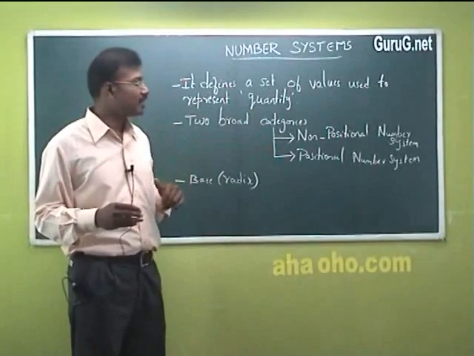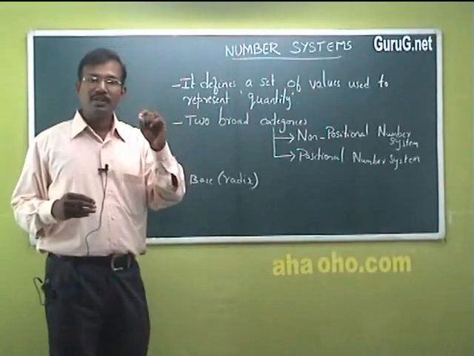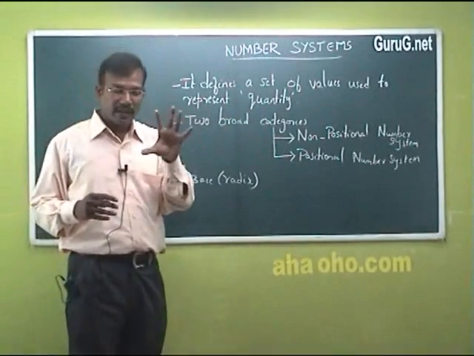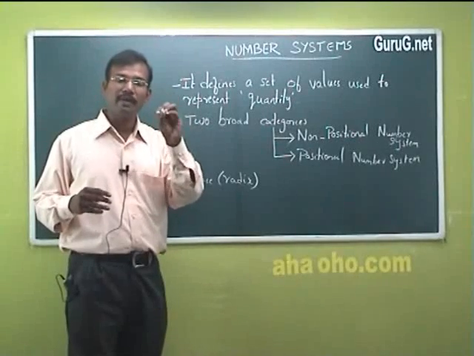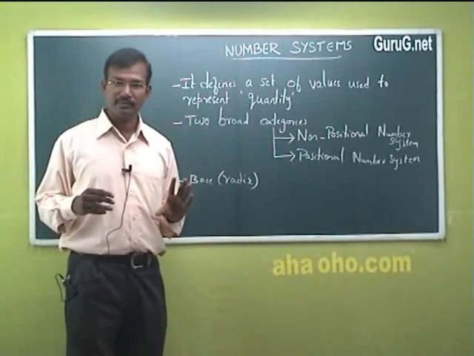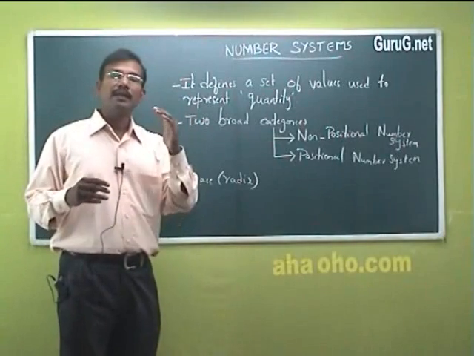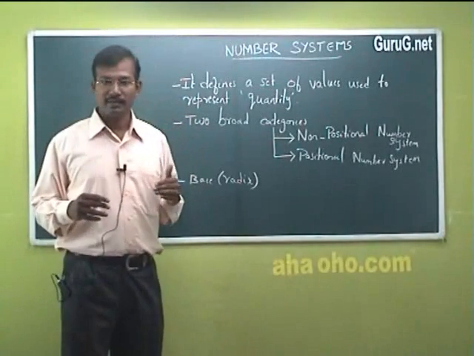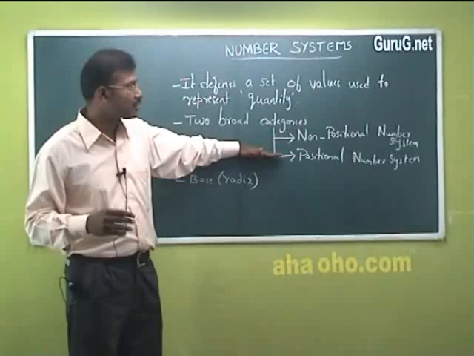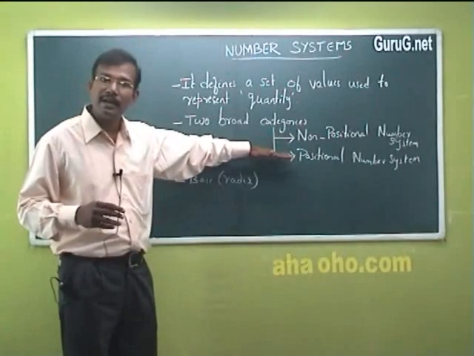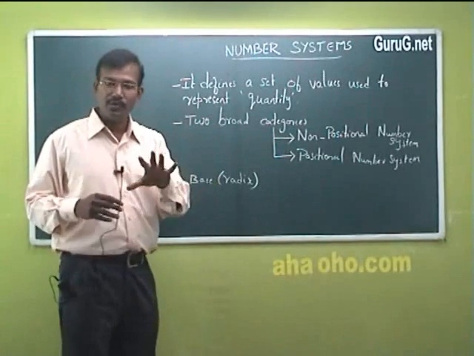But coming to the positional number system, for each and every quantity there will be a discrete symbol, and we can perform the calculation in a simple manner. A very good example of a positional number system is the decimal number system, which we are using.